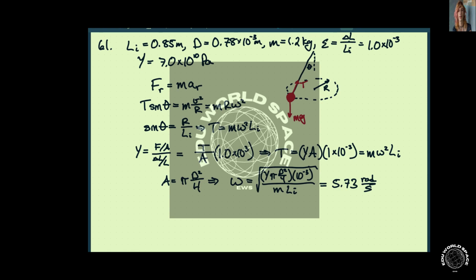Well, if you solve for T, we get Y times A times 10 to the minus third. And that we know is m omega squared times the initial length. We need to find the area from the diameter. We can do that. And then if we solve for omega, we get this expression here, and plugging in all our values, we get 5.73 radians per second.